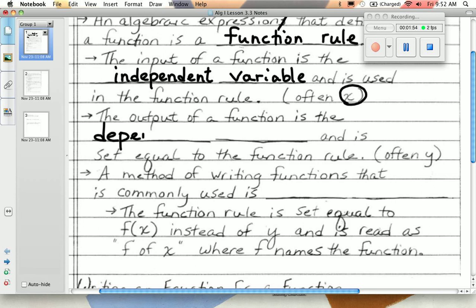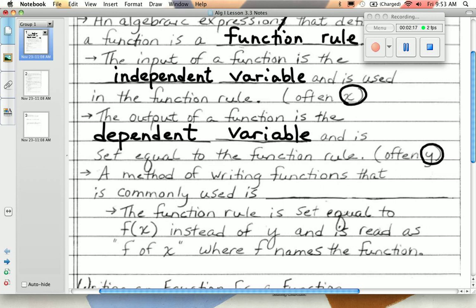What you put in for the independent variable gives you an output, and that output is dependent upon that independent variable. And typically that is y, and the function rule is set equal to that.